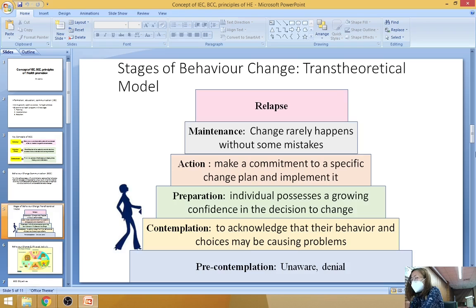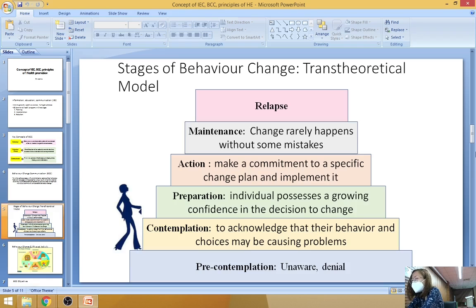The second stage is contemplation, where the person acknowledges that their behavior and choices may be causing problems. He starts thinking about whether his behavior is good or not, and whether it will have any side effects. Then preparation.